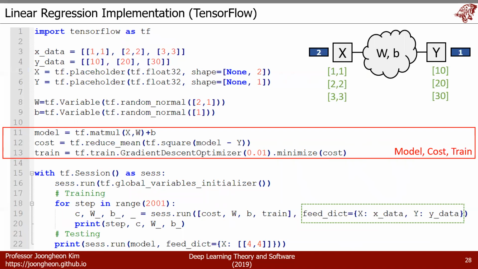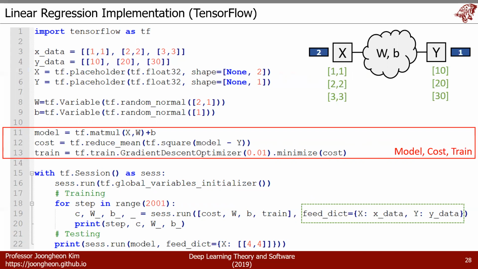As you can see in lines 8, 9, 11, 12, 13, W, b, model, cost, and train are all tensor type because they are the return values of the TF functions. In order to get the real values of the variables, we have to make the session and get them by typing session.run.